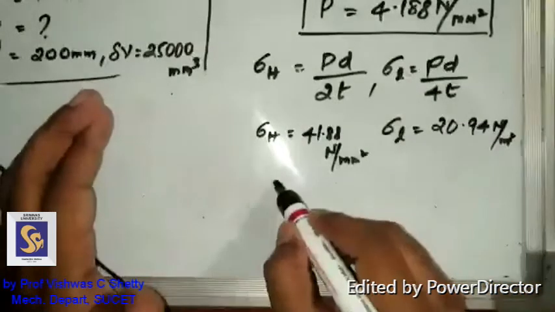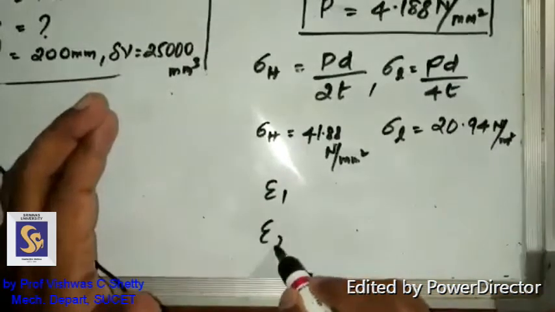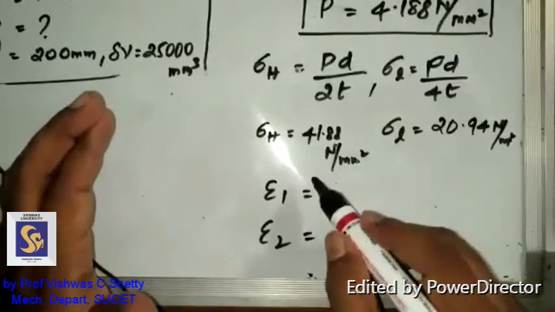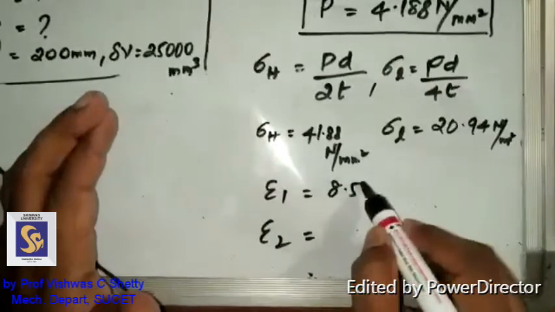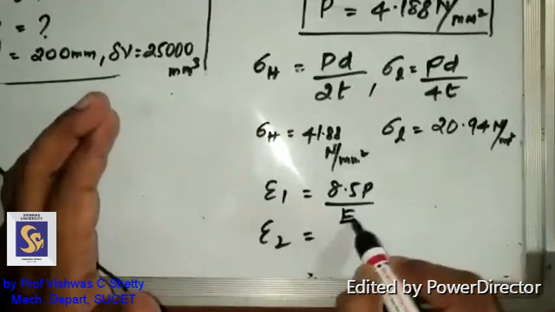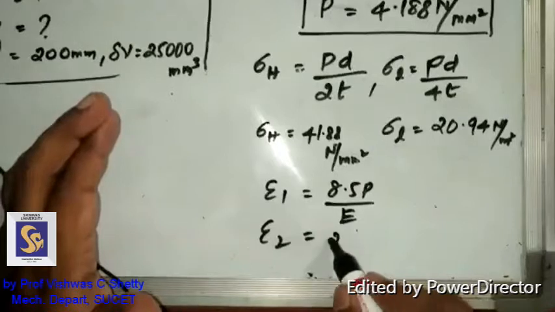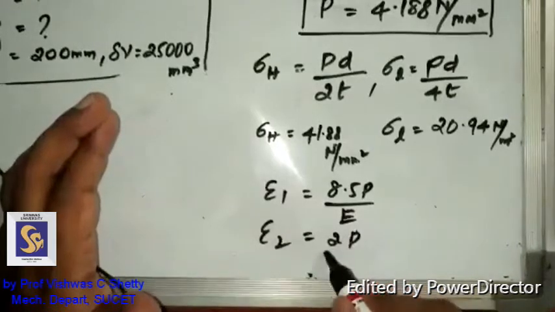What about epsilon 1 and epsilon 2 strains, which are 8.5p upon E and 2p upon E, correct?